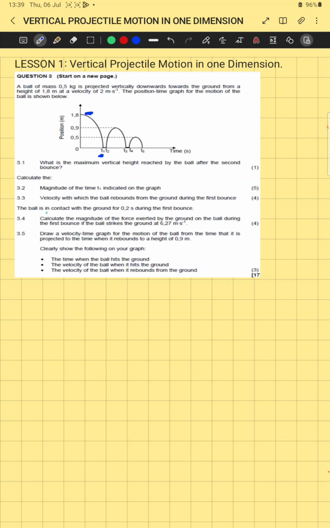All right, so they are saying there's a height here. So this is the first part. And in the first part, the ball is being projected vertically downwards. So this is the motion of the ball.